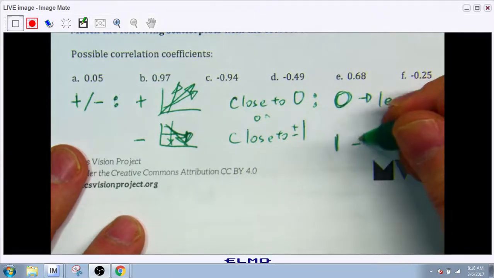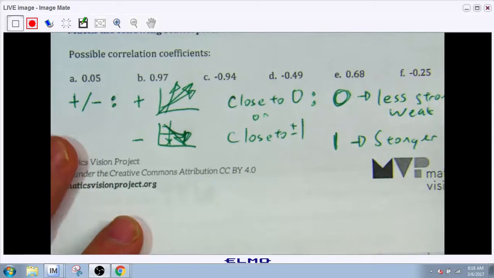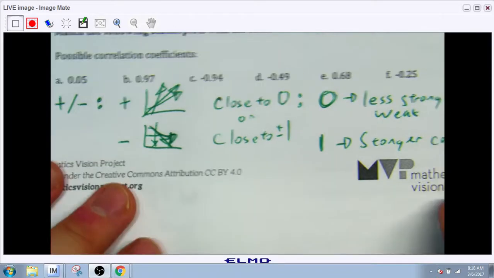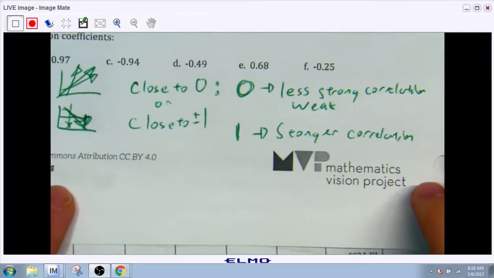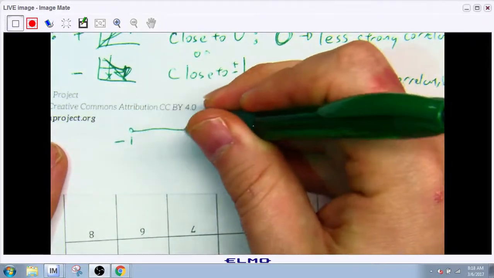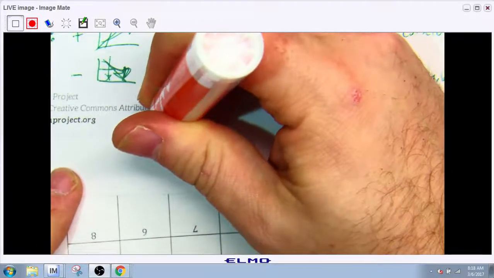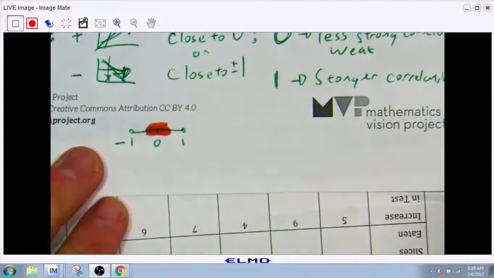If it is closer to 1, we would say this is a stronger correlation. Essentially what we're looking at here is this kind of matrix. If I had a negative 1 to 1 continuum, and this is my 0, I would say that if my correlation coefficient fit anywhere within the orange here, this would be weak.